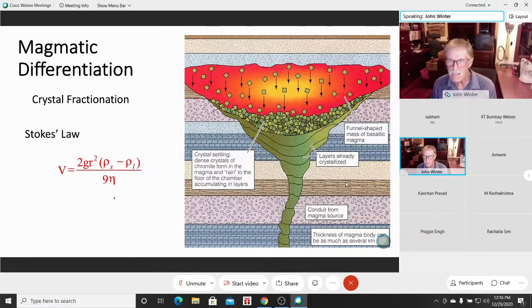It becomes challenging to separate crystals and liquid beyond that point. It's a combination of high viscosities as the melts get more silica rich, and also these crystals start to form a network of mutually touching crystals suspended, which then don't seem to allow it.